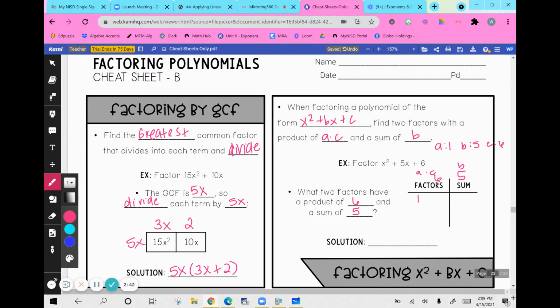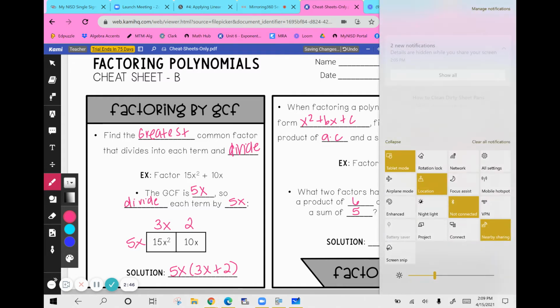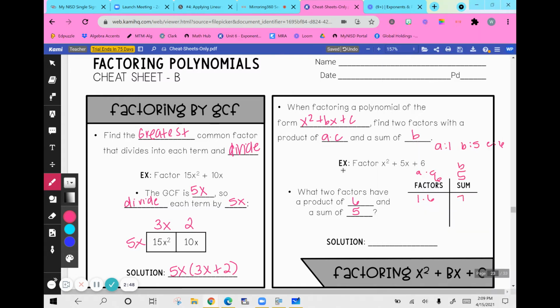So I'm going to start by putting my factors down. 1 times 6 gives me 6, but when I say 1 plus 6, I get 7. 2 times 3 gives me 6, and when I add them together, I get 5. So that's the set that I want to use. I'm going to plug in my first term in the top left box.